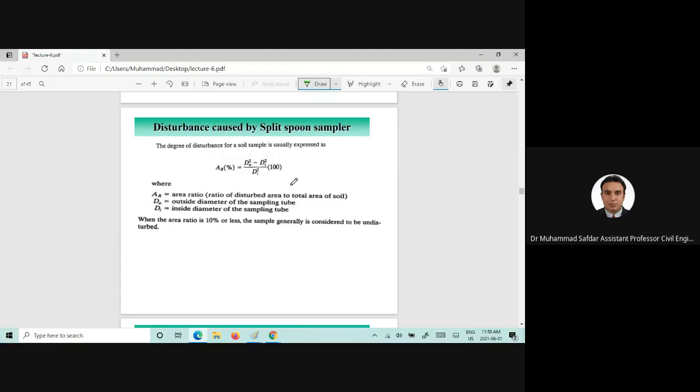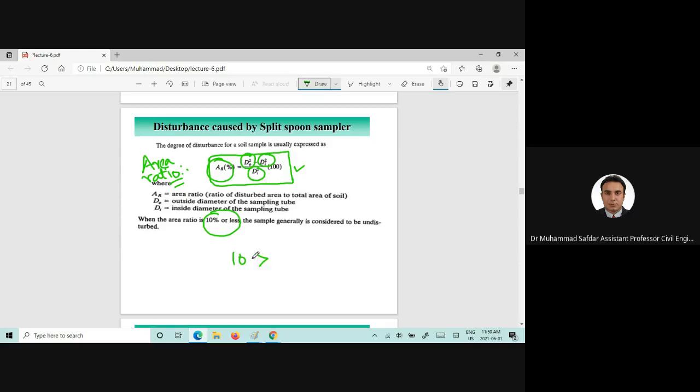How we determine that the sample which is obtained using the split spoon sampler is a disturbed one, researchers have proposed this equation that if we compare the outer diameter and inner diameter, and if we use this equation, we will come up with the area ratio. And if the area ratio is greater than 10%, then it would be a disturbed one.